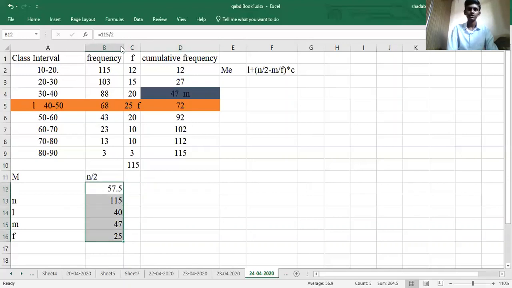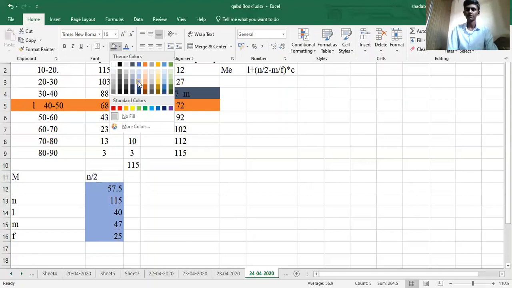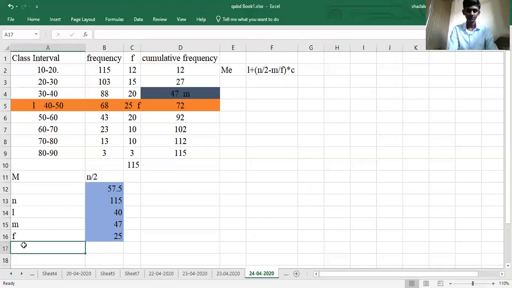Now we just need to execute the formula, then we will arrive at our median. Everything we know except C, the median class width: 50 minus 40, 10. Now we will move forward.